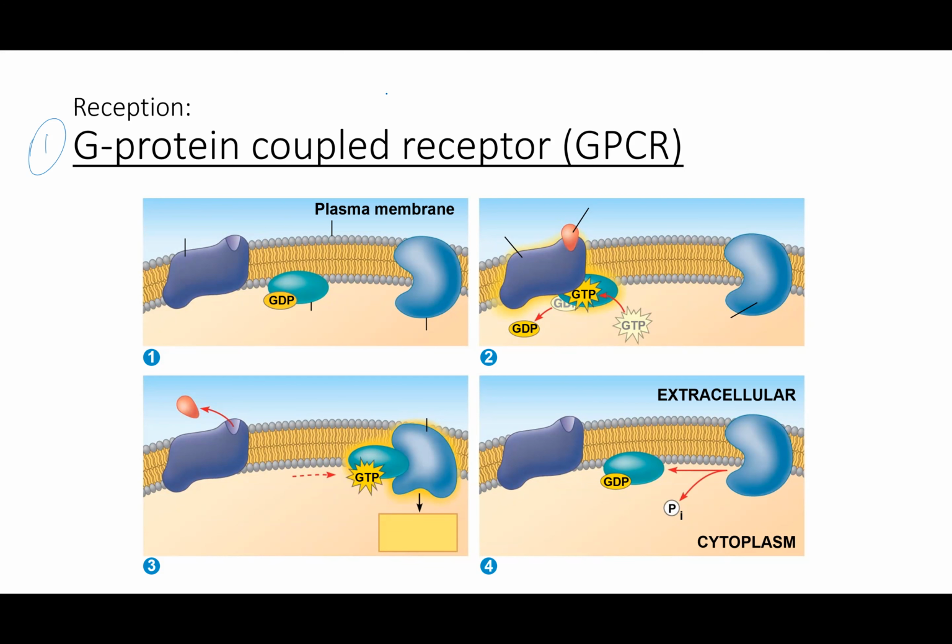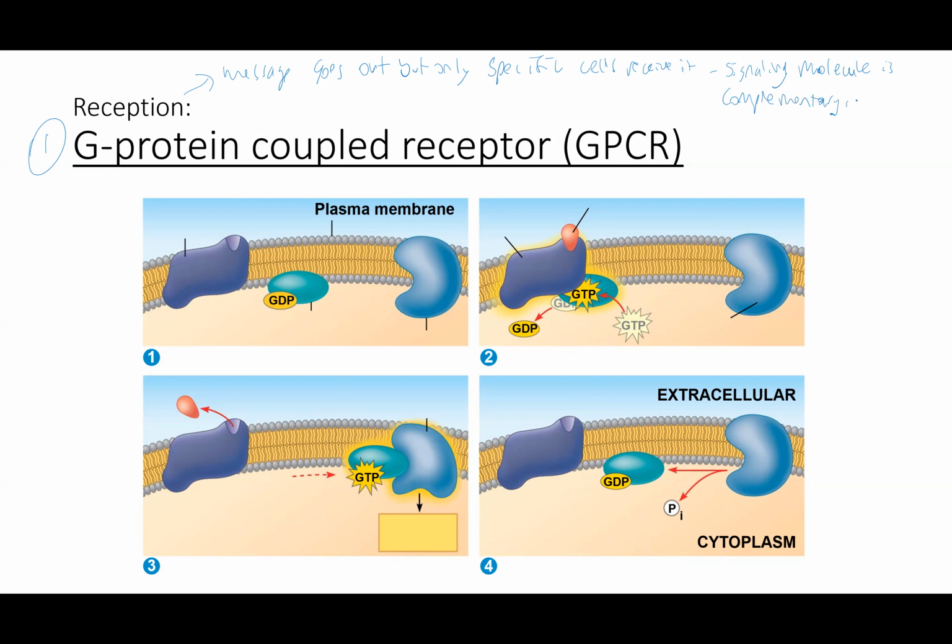So again, thinking about reception as the message goes out, but only specific cells will receive it. This signaling molecule, whatever the signaling molecule is, is complementary in shape to the receptor.